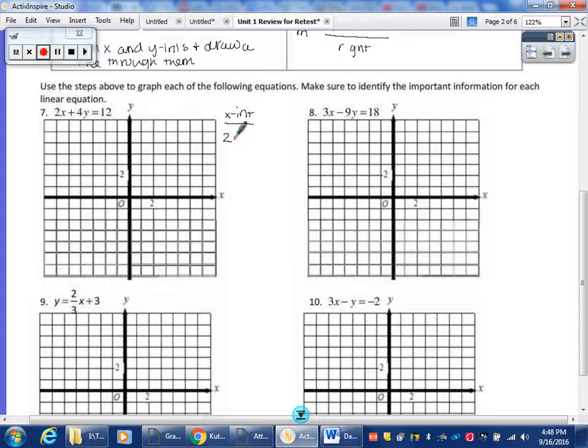So I have 2x plus 4 times 0, because I plugged 0 in for y, is equal to 12. This is 2x is equal to 12. And then we divide by 2. I get x is equal to 6. And so my x-intercept is the point (6, 0). That's my x-intercept. The next thing I'm going to find is my y-intercept.